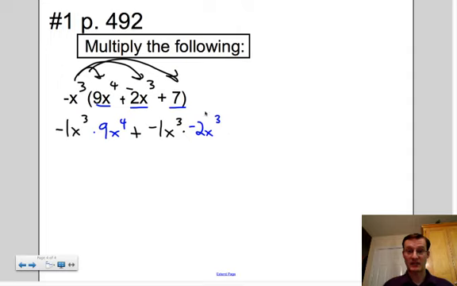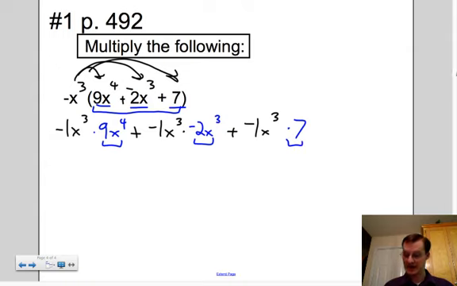Negative 1x to the, pull down the plus. Negative 1x to the third times 7. And so you notice all of these blue go here, and each one of them gets this same term. So you distribute it onto each.